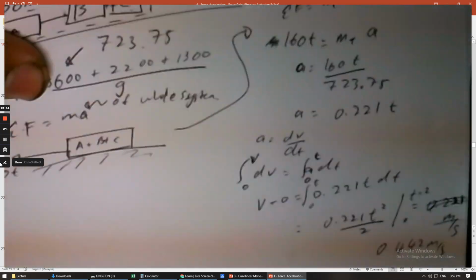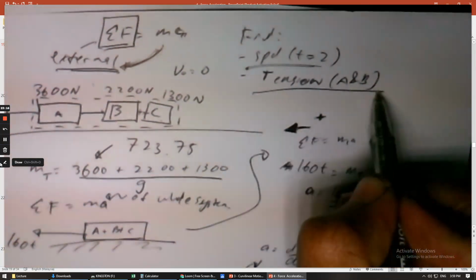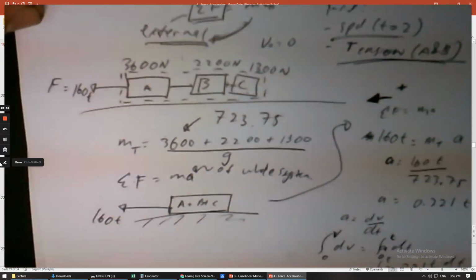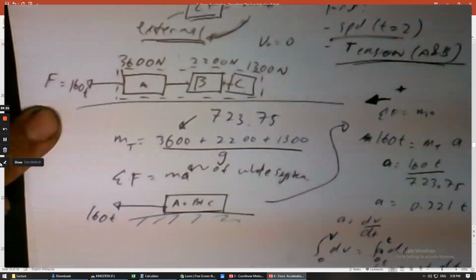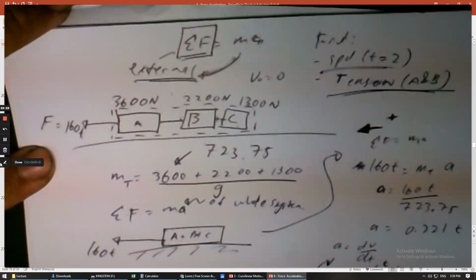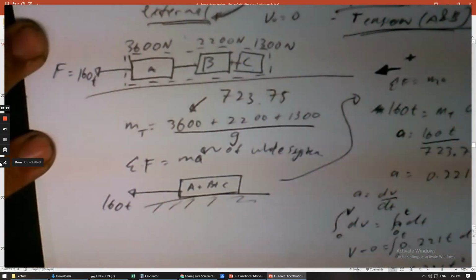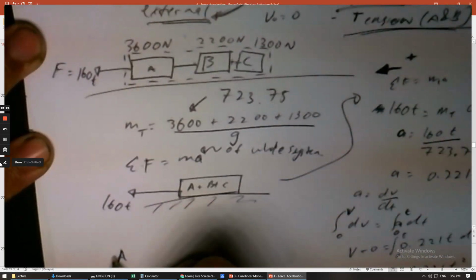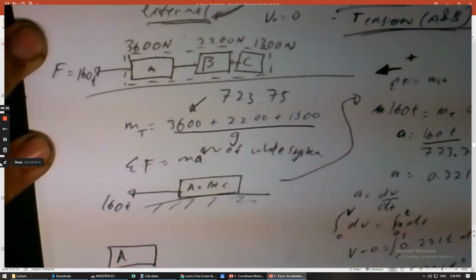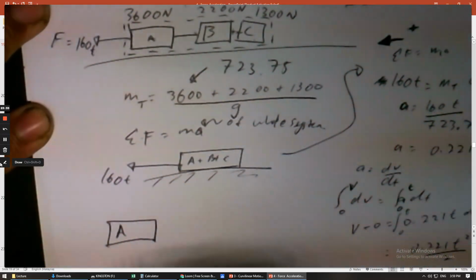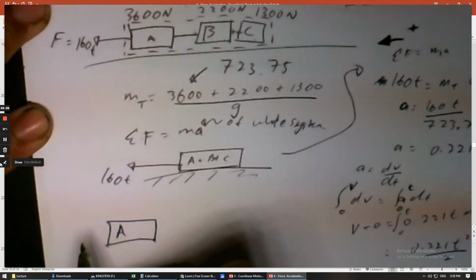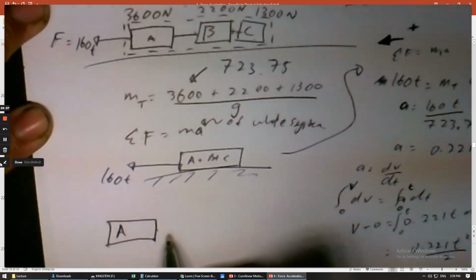All right. Second question is finding the tension between A and B. Looking at this, again we have to make sure the sum of force here is external. In this case, we can choose A as one system instead of all three, because we want to find the tension here.